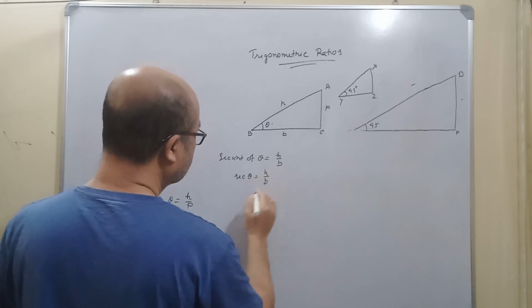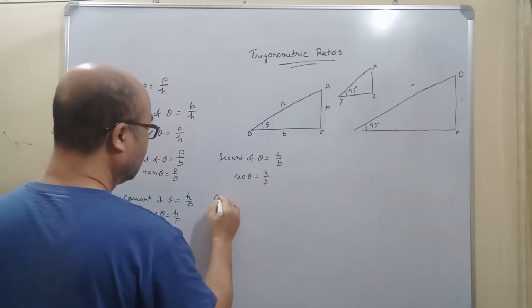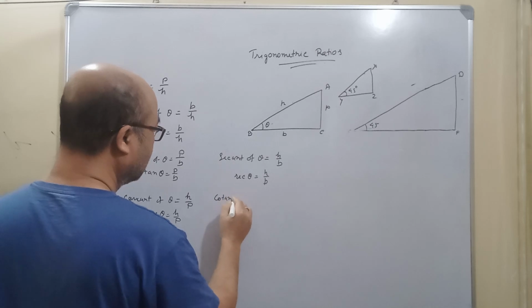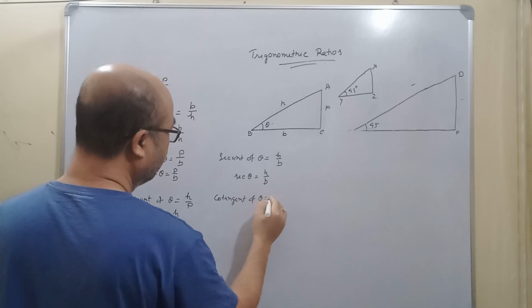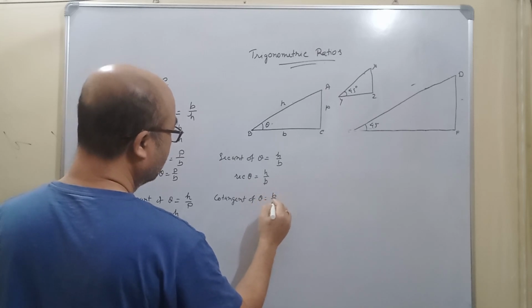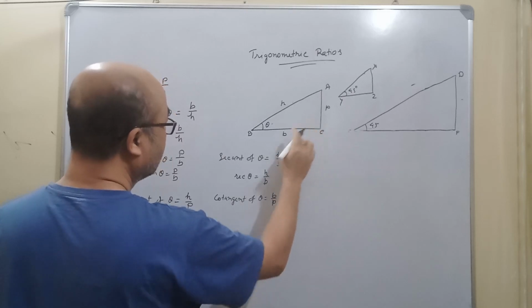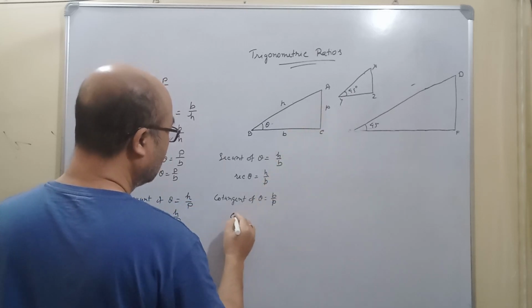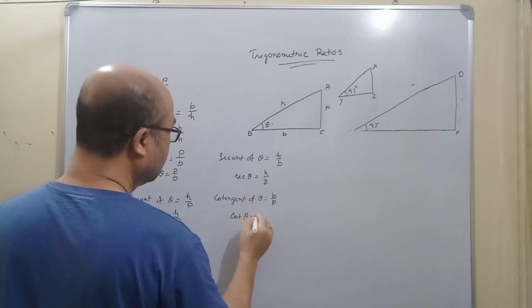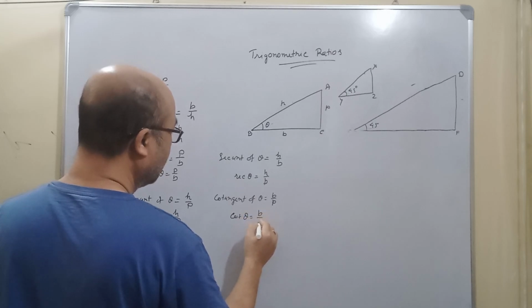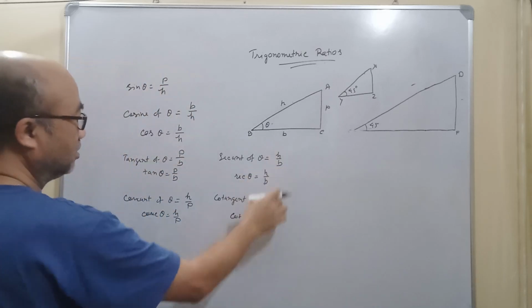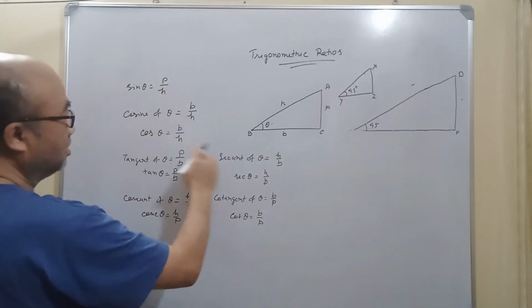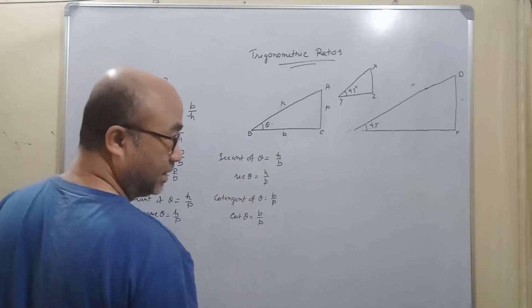And cotangent of theta is base by perpendicular, or cot theta, B by P. So all these ratios are functions of theta.